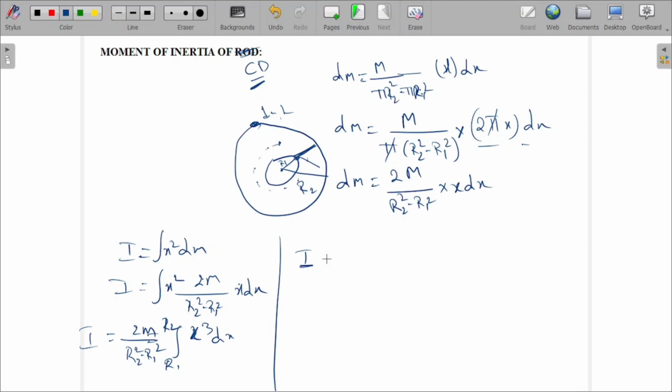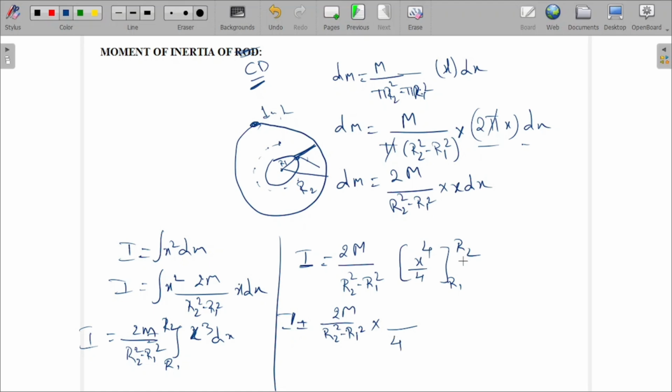So I equals 2M by r2 square minus r1 square of x power 4 by 4, with limits r1 to r2. So I equals 2M by r2 square minus r1 square, into 4 taken common, upper limit minus lower limit.